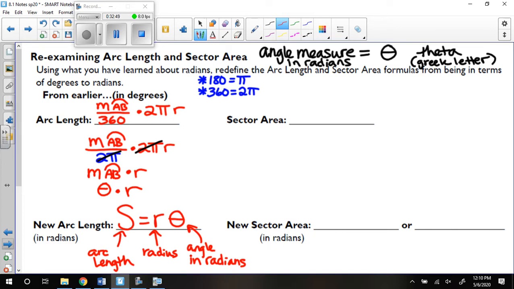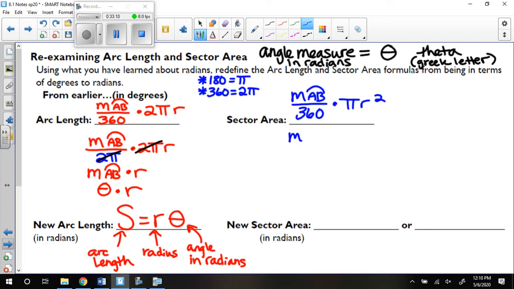Our sector area formula was the measure of arc AB over 360 multiplied with pi r squared. So yet again, I'm going to replace that 360 degrees with 2 pi.